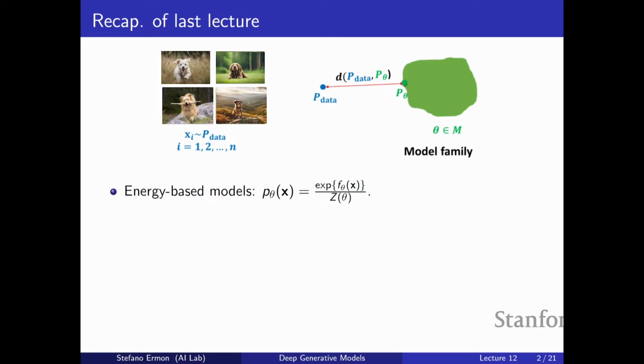So probabilities are defined relative to this partition function, normalization constant, which depends on the parameters of the model. That's the crucial thing.